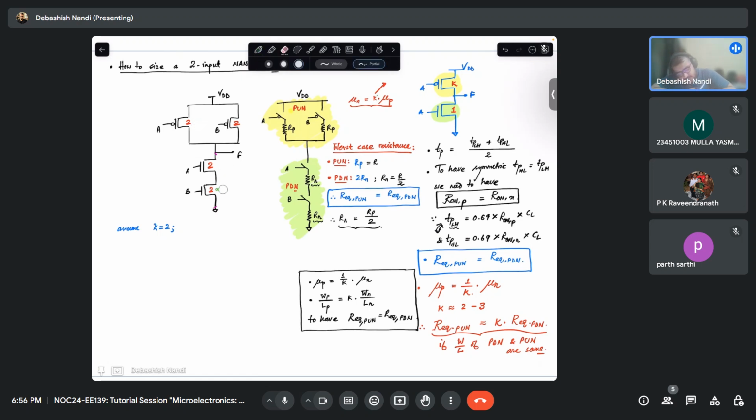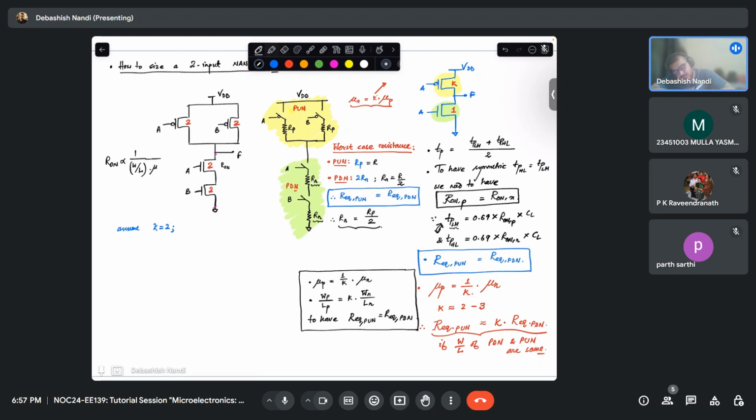Or let me tell it more clearly: the on resistance of this transistor, R on, is inversely proportional to W by L times mu. By default, as the mobility of the PMOS transistor is half that of the NMOS transistor, I have to make the size of the PMOS transistor twice bigger. That is for sure.